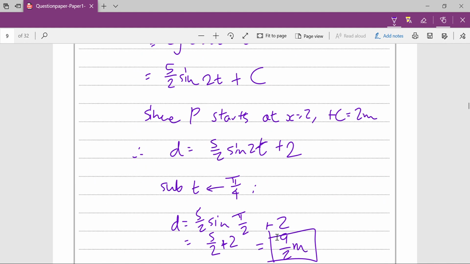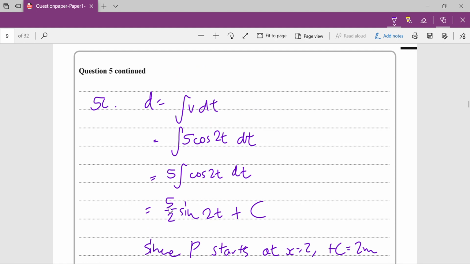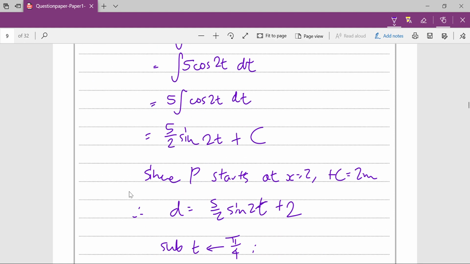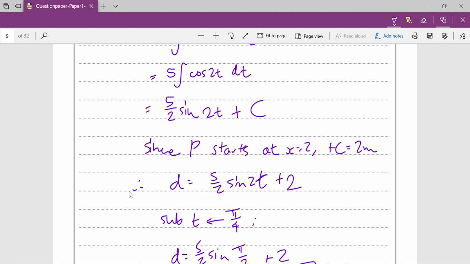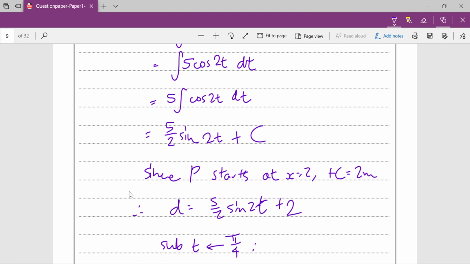Now you might be wondering why I did not use a definite integral from 0 to pi over 4 seconds. The reason I did not use that kind of integral is because it would have given us a result which is just the amount of movement that it had, not necessarily its current position.